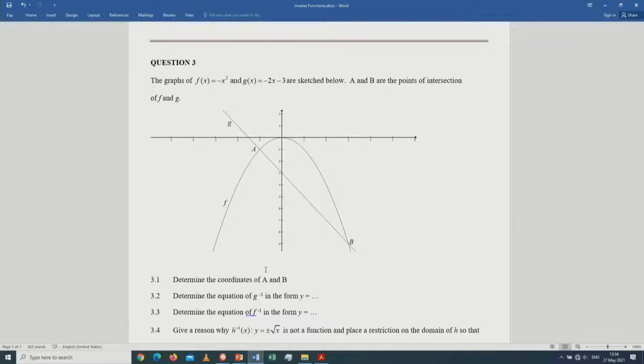The first question, 3.1, determine the coordinates of A and B. The second question, determine the equation of the inverse of g in the form y is equal to.